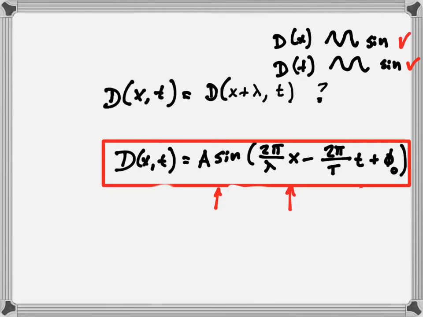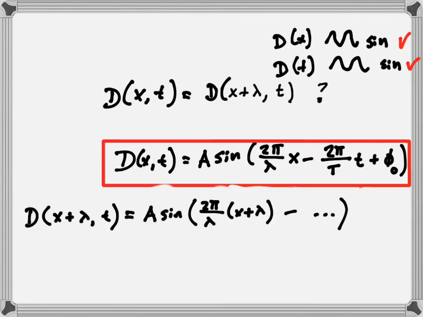And then the one thing that we need to check is the periodicity. Is this function inside the red rectangle periodic in position? You can check by replacing x with x plus lambda in that function and seeing whether we get the same value. So plug in x plus lambda instead of x.